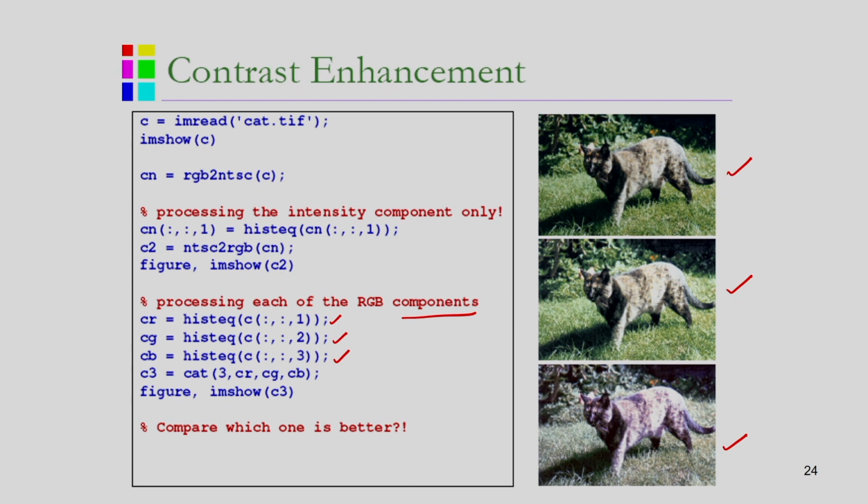You can see the difference between these two images, the image number 2 and the image number 3. In image number 2, I am considering only the intensity component of the image. And in the other case, I am considering the R value, G value and the blue value and processing them separately.